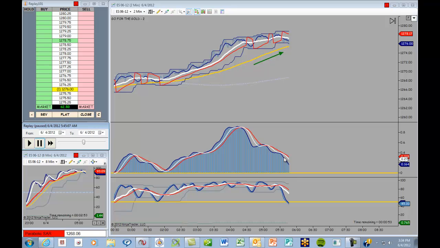Let's see. I think this might come down and find some support and turn around. This is probably, I'm guessing, a wave 4 situation, and that means we have to have a wave 5. So let's see what happens.